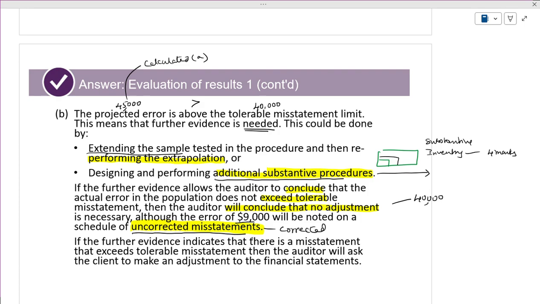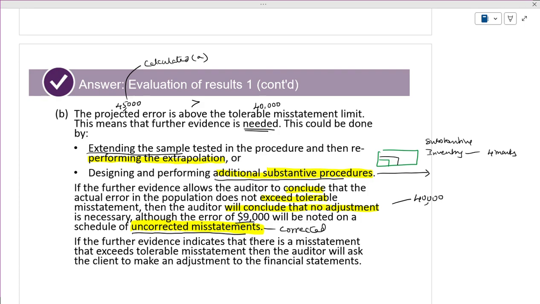They will give clarification on this. It is not that we are not going to carry forward the 9,000. We have to make corrections, then go further. For the time being, we put 9,000 on a schedule of uncorrected misstatements, meaning you will ask the client to clarify the 9,000 and make corrections.